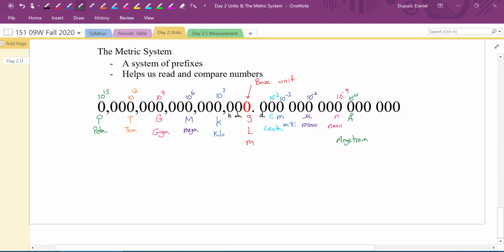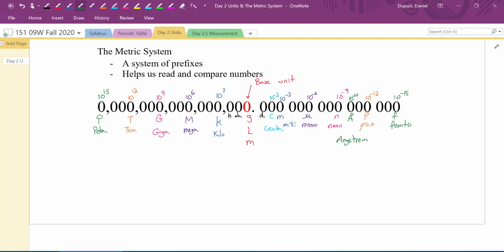Then we have 10 to the minus 12th, which is a P for pico. It's a lowercase p. So the green P over here is an uppercase. That one's a lowercase. And we'll do 10 to the minus 15th, which is F for femto. All right, and so those are the prefixes.